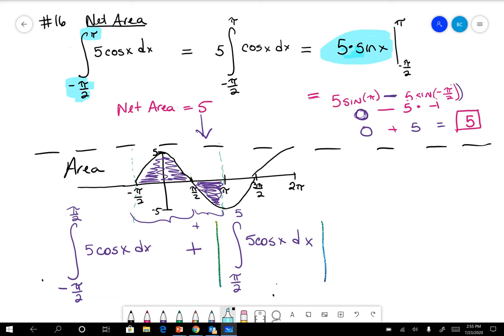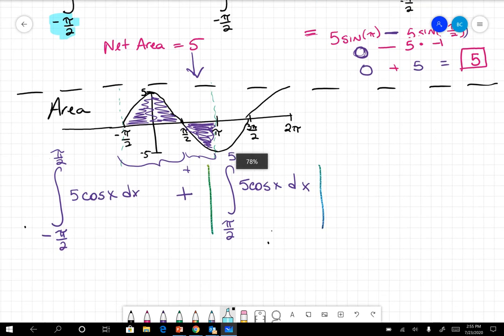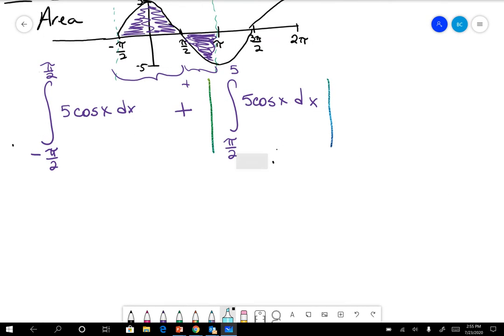So this one is going to be 5 sine x evaluated from negative pi over 2 to pi over 2 plus 5 sine x evaluated from pi over 2 to pi.